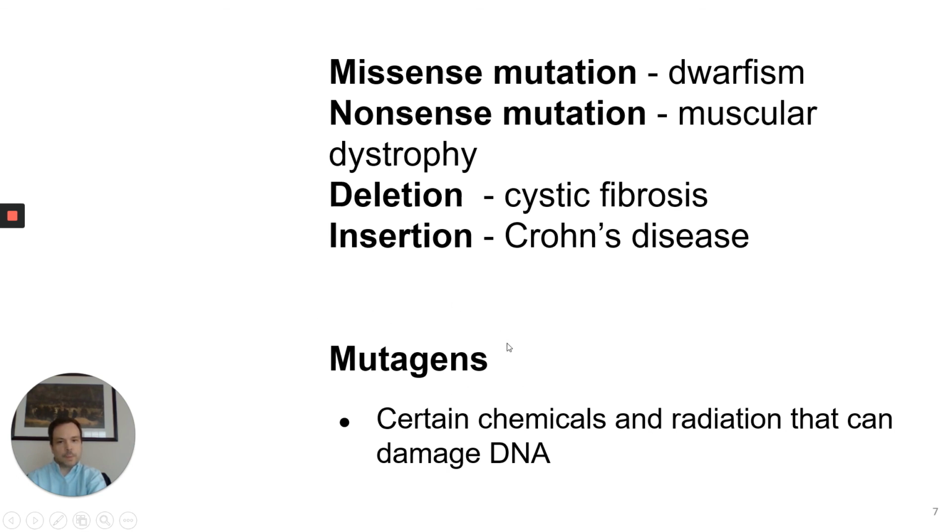Think about prolonged exposure to sunlight: UV radiation is going to cause the cells inside your skin to undergo certain mutations, which could lead to uncontrolled growth and result in a tumor or cancer. So there are certain chemicals and radiation effects that can damage DNA and result in these things happening. This is just some beginning background knowledge about what exactly mutations are and how they affect DNA.